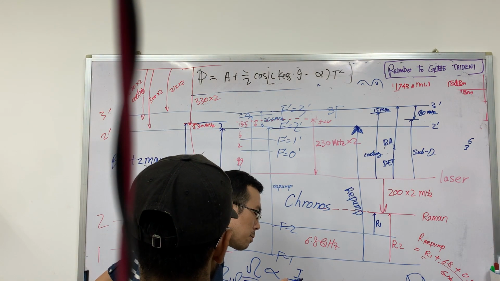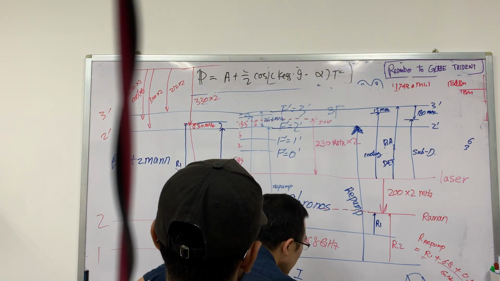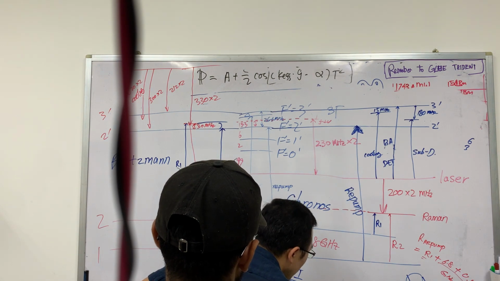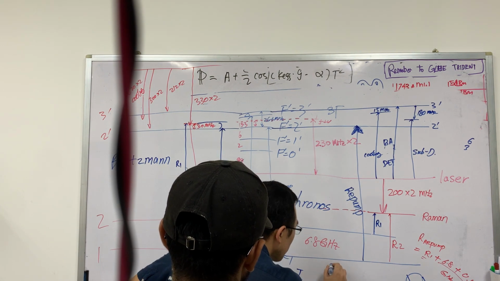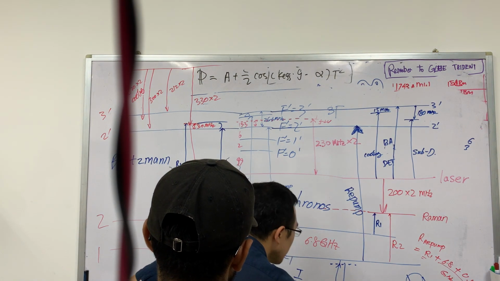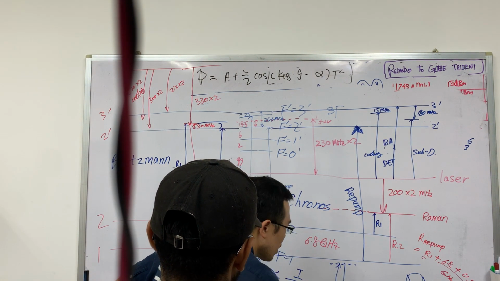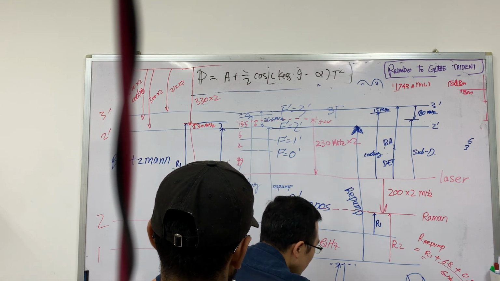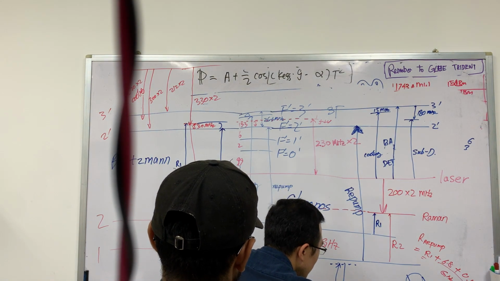The atoms do not sit there. It is effectively 2 level. Let's say 2, 1, 2, and you have some intermediate state. So the atom won't be populated here. It can be seen as 2, 1 like this.